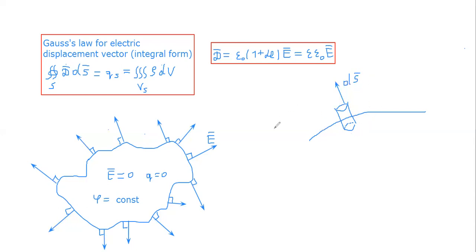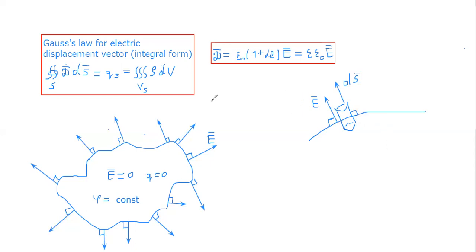And as we have said before, the electric field intensity vector is also perpendicular to the surface of the conductor, and here it is perpendicular to the conductor.